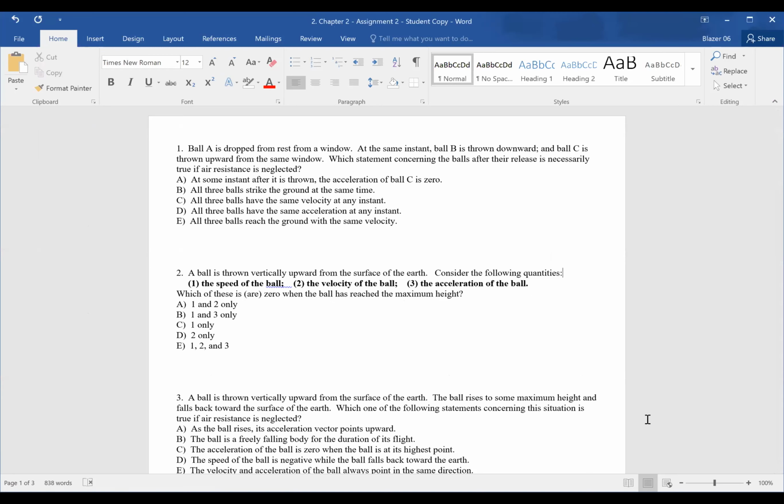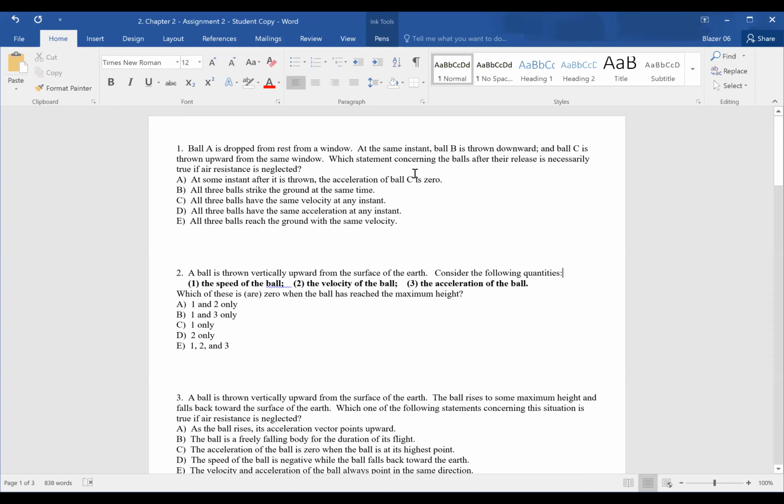All right. Ball A is dropped from rest from a window. At the same instant, ball B is thrown downward and ball C is thrown upward from the same window. Which statement concerning the balls after their release is necessarily true if air resistance is neglected?